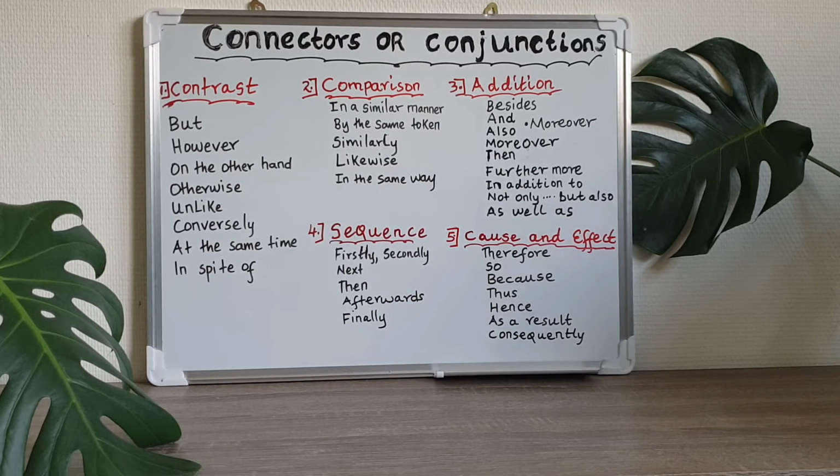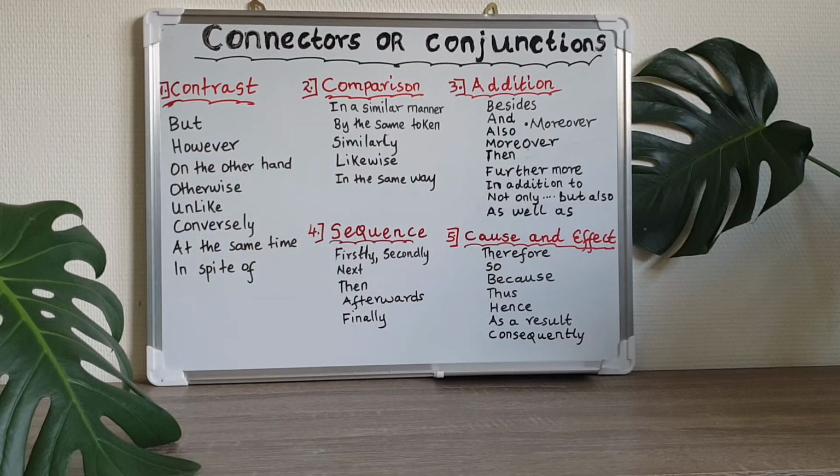He owes me £100. Furthermore, he owes my mother 200 pounds. Then we have in addition to. In addition to him taking piano lessons, he also plays hockey. Okay?